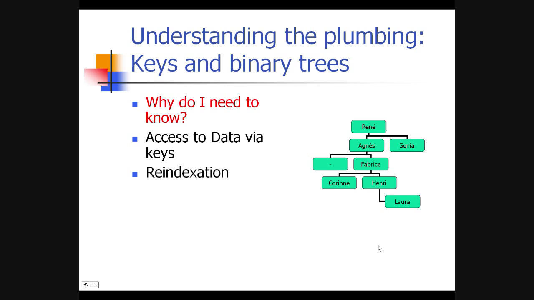Obviously, if you have the same data as 5 levels instead of 3, and you have to find a record that happens to be on the last level, you have to do 5 comparisons instead of maximum 3 in the first case. Which means that statistically the second representation I gave you is slower than the first one. And the reindexation is just recreating something that looks like the first one, that is more compact.